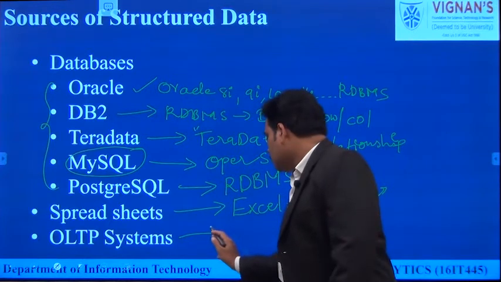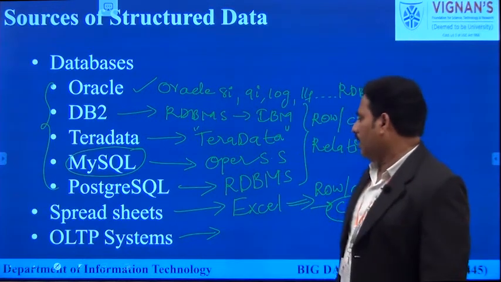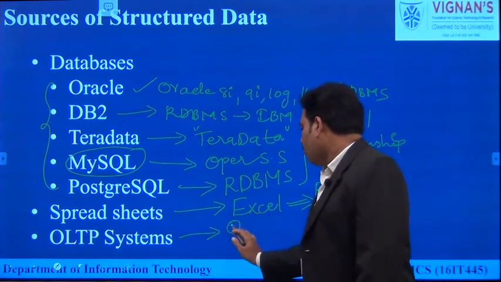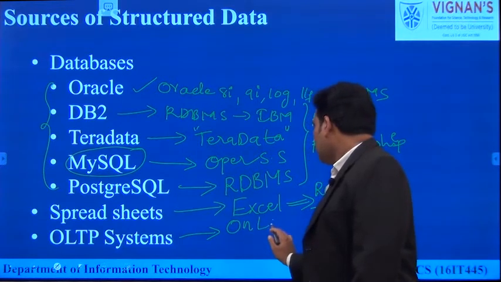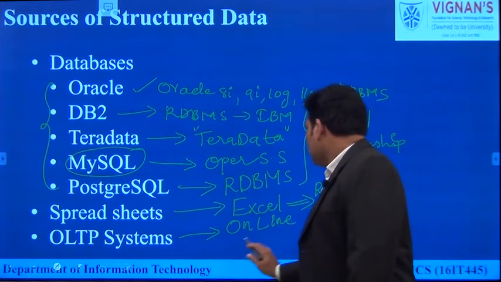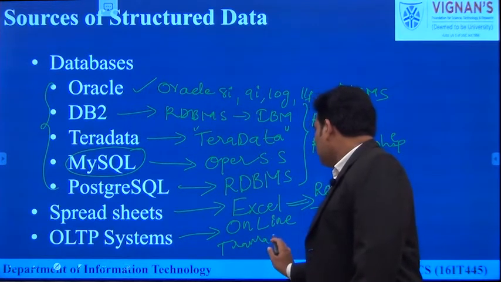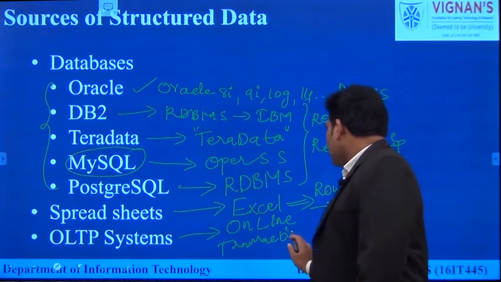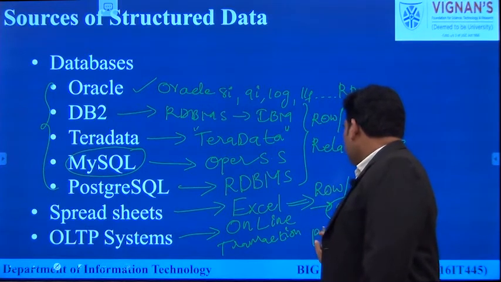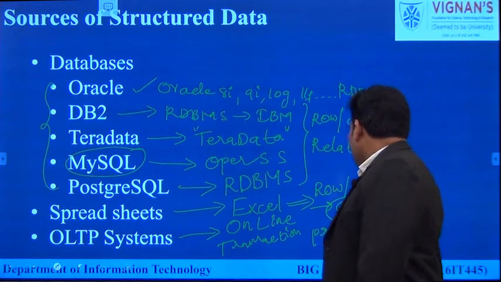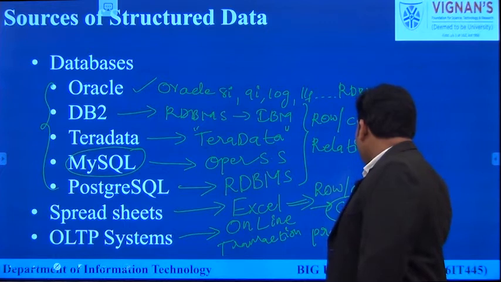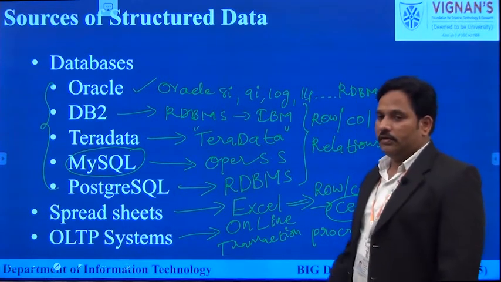And another one is OLTP systems, that is online transaction processing. It is also one of the mechanism which is used to store real-time data.